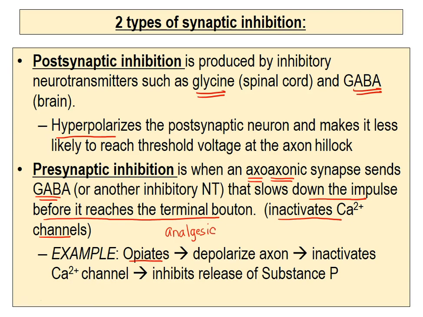What's happening here is that opiates depolarize the axon, and that inactivates the calcium channel. If that neuron was going to release substance P, remember that one involved in pain, then the opiate has now inhibited the release of substance P. That prevents a person from being in pain.